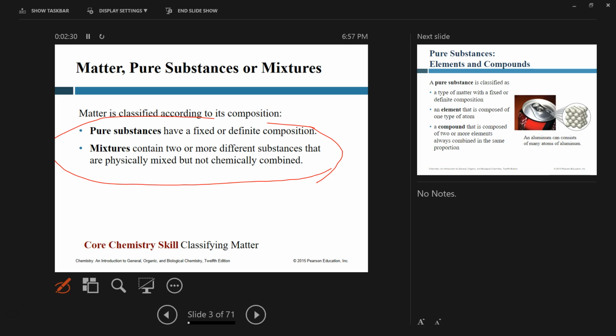So mixtures. What's important about them is that they aren't chemically combined. Let me explain what I mean. Imagine that you have coal, which is basically carbon.